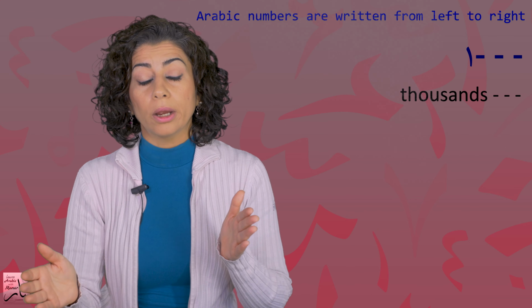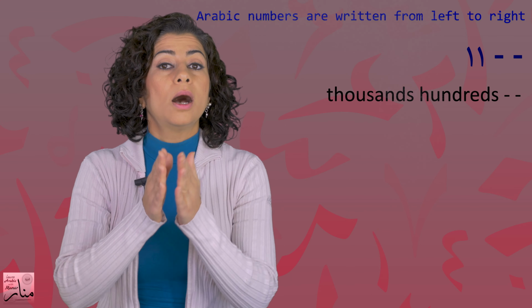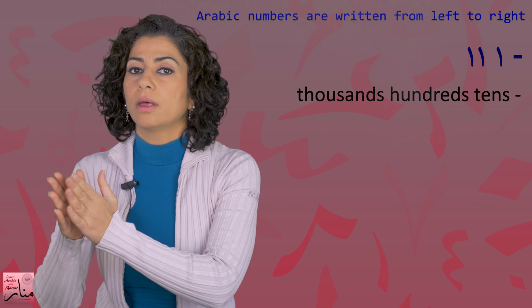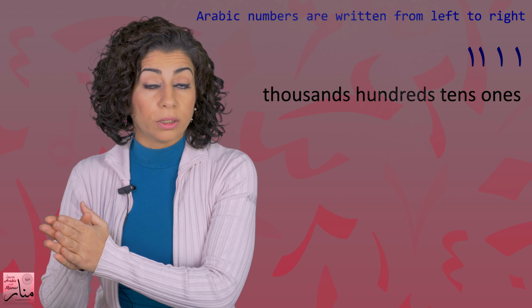Let's see how we write numbers and how we read them in Arabic. The easy thing is that we write numbers as we write them in the Latin system. So we write from left to right. We start with thousands, hundreds, tens, and at the end we write the ones.